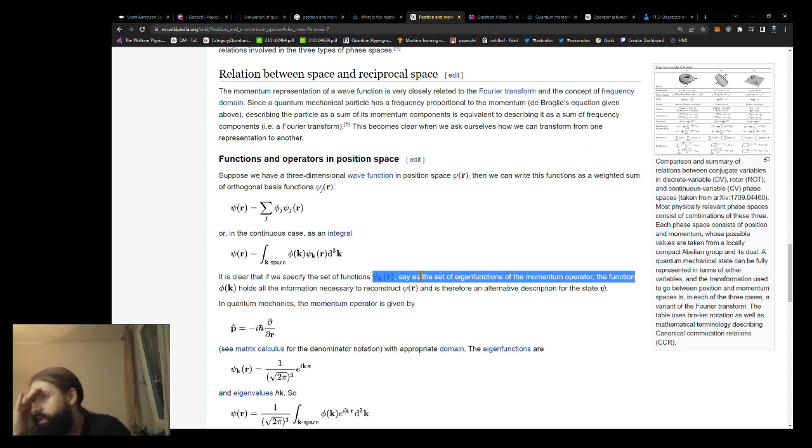If we specify this set of orthogonal basis functions as the set of eigenfunctions of the momentum operator, okay.